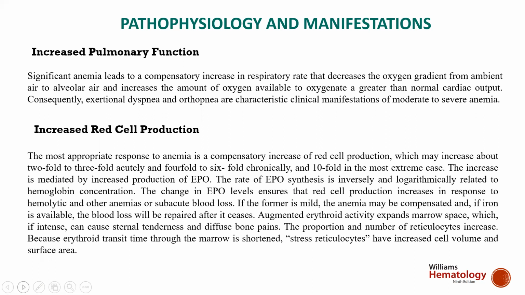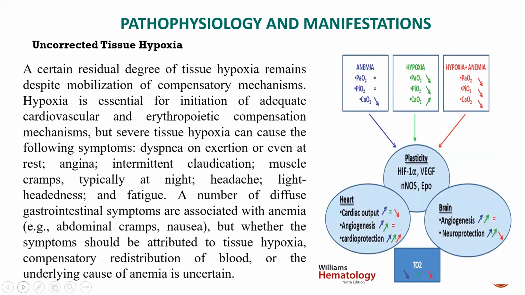Augmented erythroid activity expands marrow space, which, if intense, can cause terminal tenderness and diffuse bone pains. The proportion and number of reticulocytes increase because erythroid transit time through the marrow is shortened. Stress reticulocytes have increased cell volume and surface area. A certain residual degree of tissue hypoxia remains despite mobilization of compensatory mechanisms.